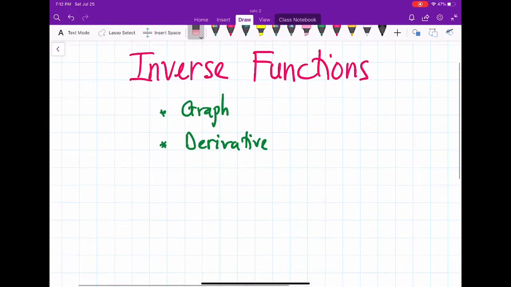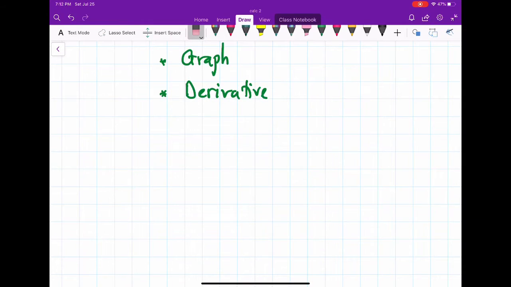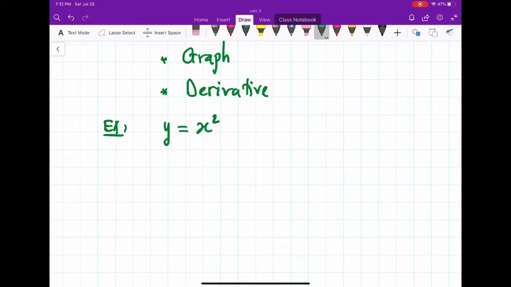So let's talk about the graph using the following example. y equal to x squared, and I consider this function only on [0, infinity).